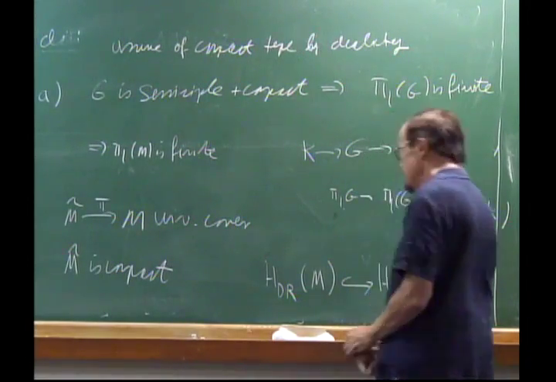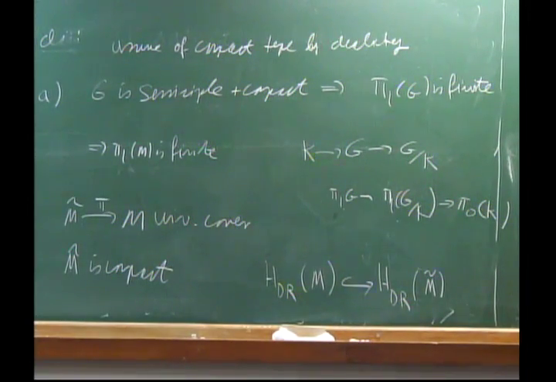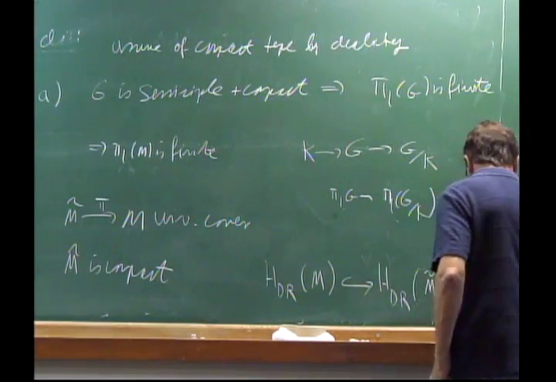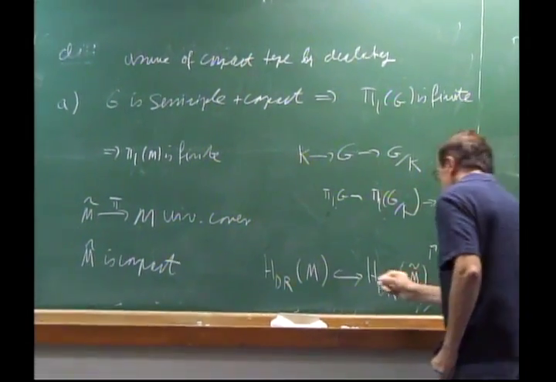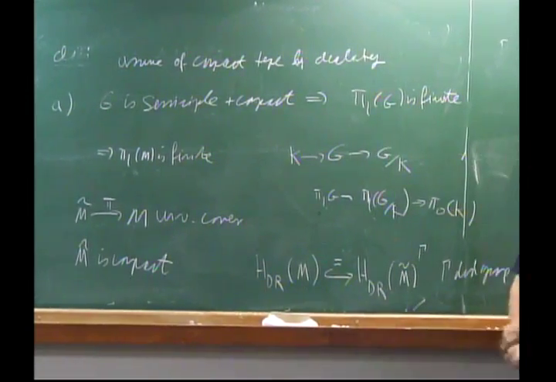But the exact relationship, do you know what that is? You want to take a form on M, pull it back to M tilde. That's a form there also. It gives you a possible de Rham cohomology class. It must be invariant to the deck group because you pulled it back from something. So in fact, it's simply the forms invariant to the deck group. Then I get equality.